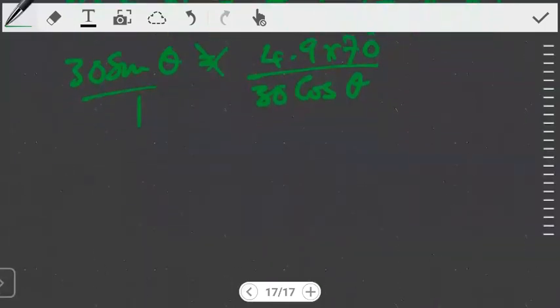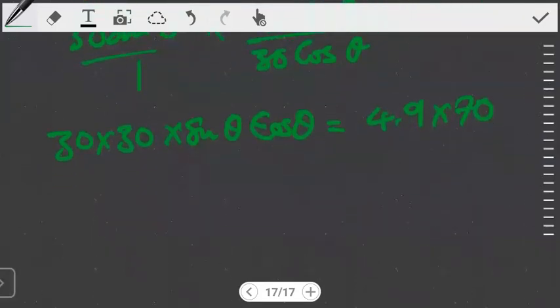Now we're going to have 30 by 30 by sine theta cos theta is equal to 4.9 times 70. Now the next part is we can multiply this part. This becomes 900 sine theta cos theta is equal to, and when we multiply this part, we get 343.